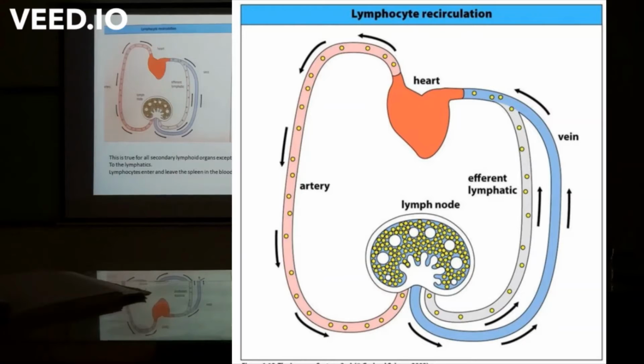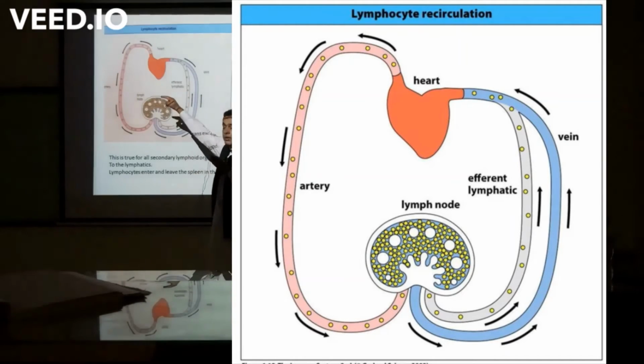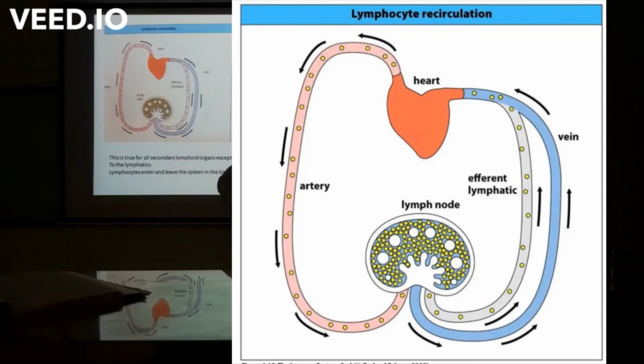They are taking the lymph back to the blood circulation. So the efferent lymphatics are going to take these blood cells back into the blood circulation, and that recirculation of the lymphocyte is going to be repeated again. So the small lymphocytes are unique among blood cells in traveling through the body in the lymph as well as the blood, okay?